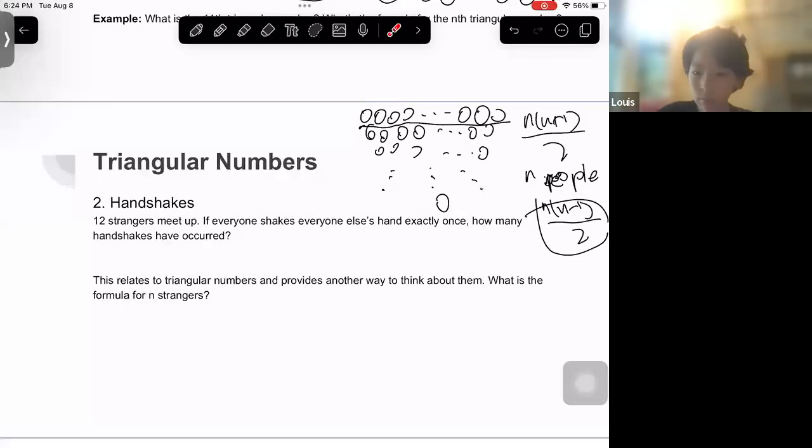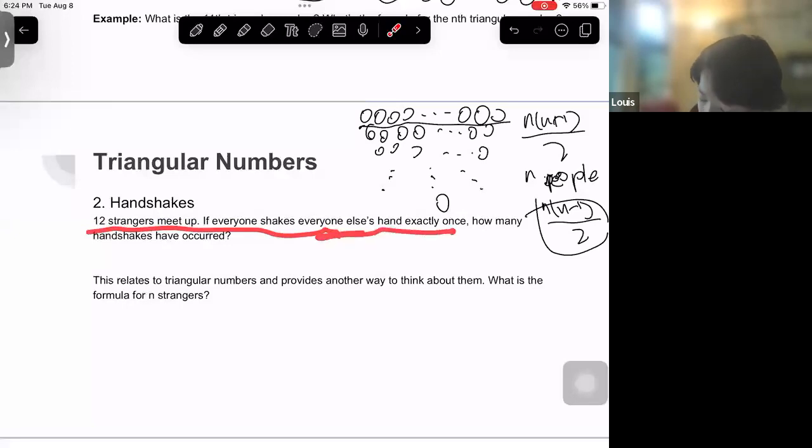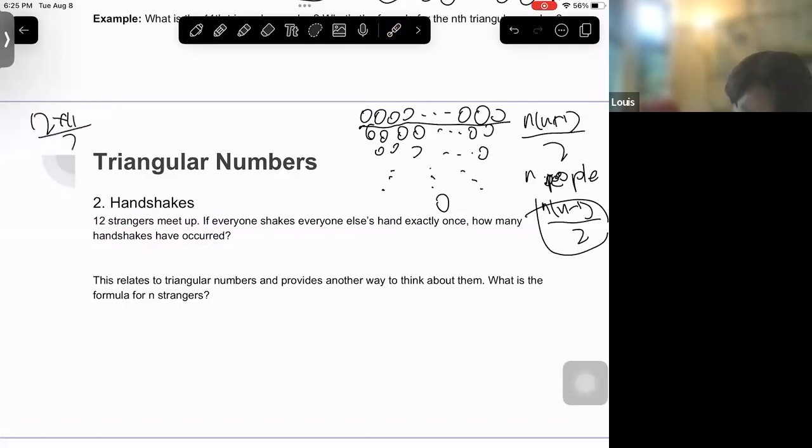Okay, so I'll go over them now. So 12 strangers meet up. If everyone shakes everyone else's hand exactly once, how many handshakes have occurred? For this problem, we have that there are 12 people, so it's just 12 times 11 over 2, which is just 66.